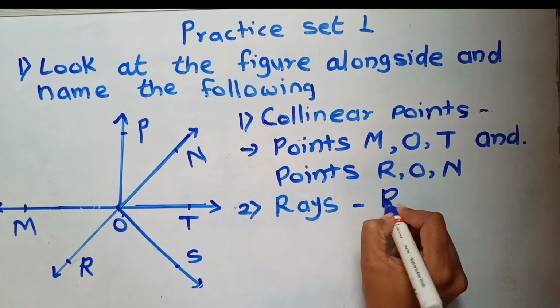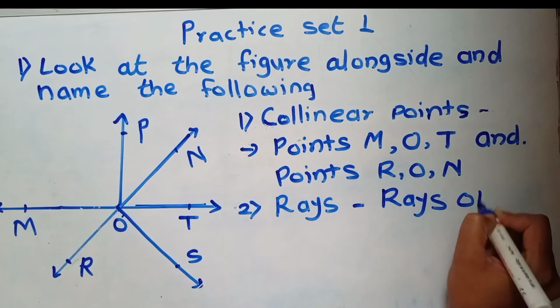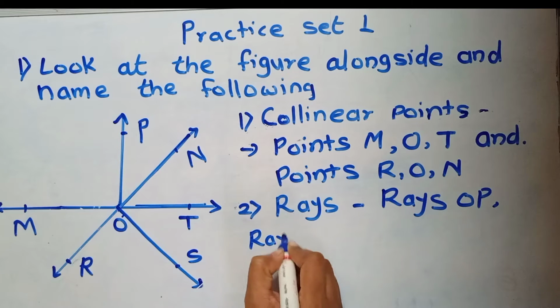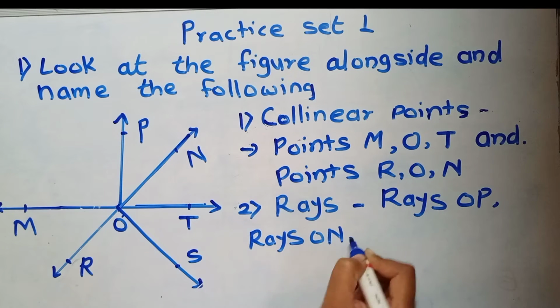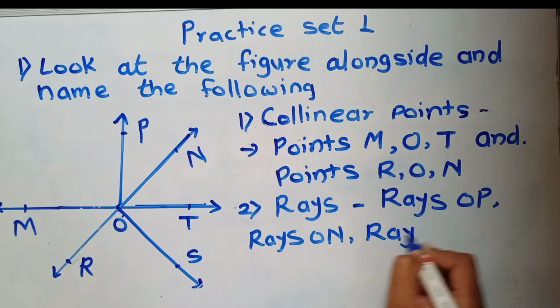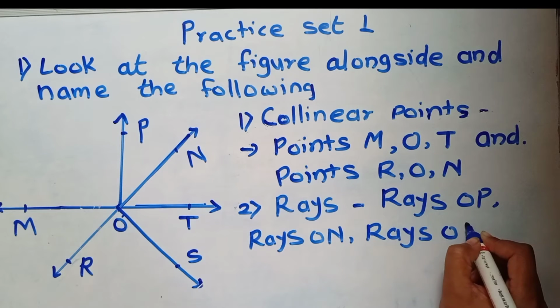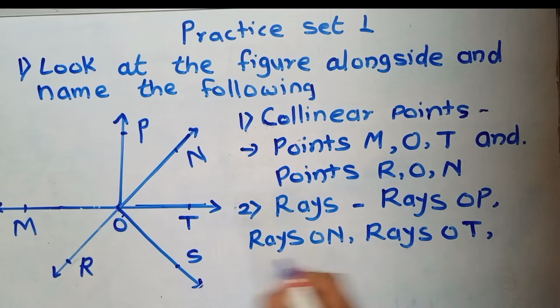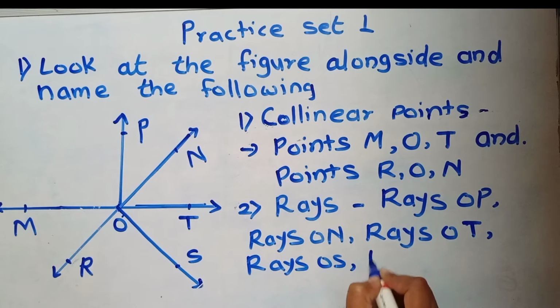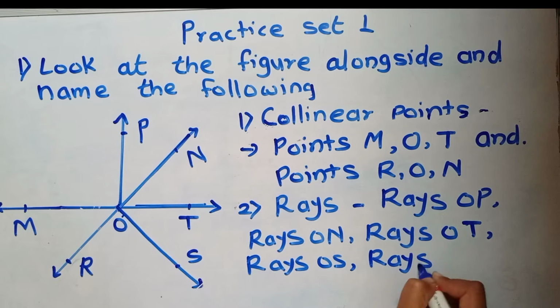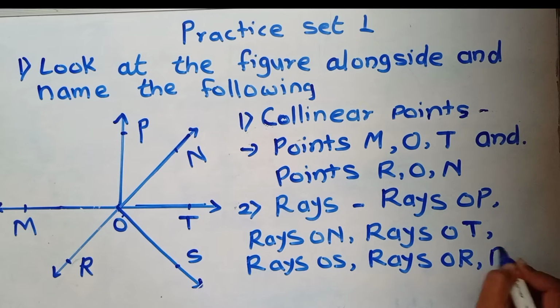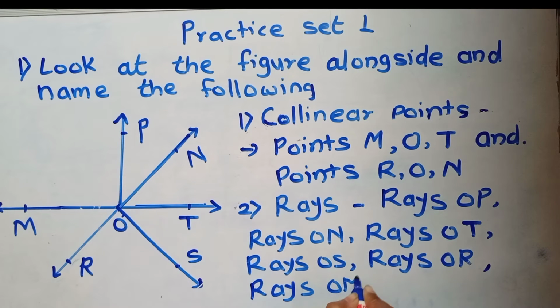So write down ray OP, ray ON, ray OT, ray OS, ray OR, ray OM.